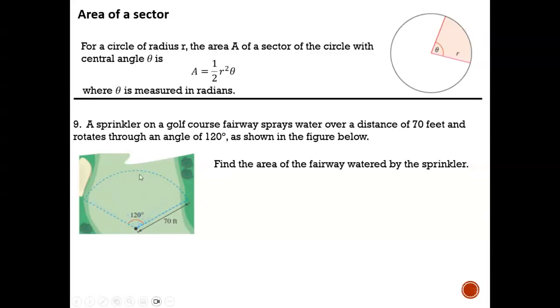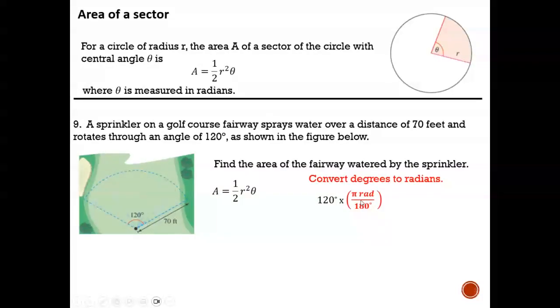And you can see this little area is a piece of a circle. So it's a sector of the circle that we need. So we're going to stick to our formula here, 1/2 r squared times theta. Again, just like before though, theta has to be in radians, but it was given in degrees. So we first have to convert that before we plug it in. We have 120 degrees times that conversion rate, pi over 180.